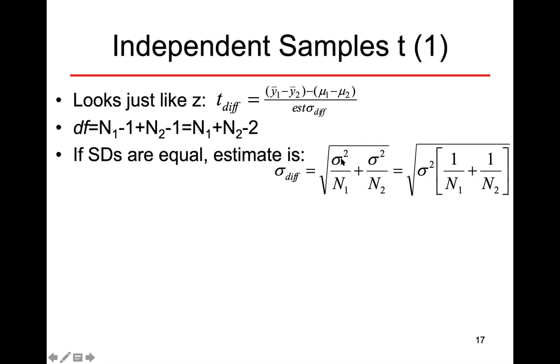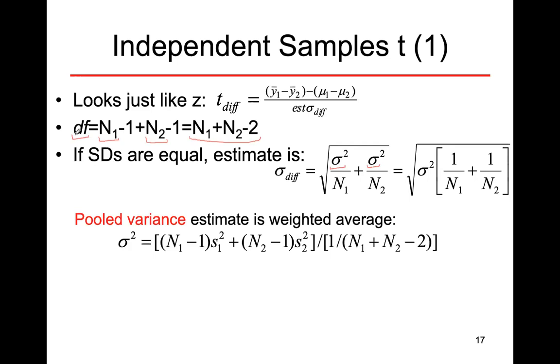We say that the standard deviations are equal for the two groups. We have N1 from the first group and N2 from the second group, and we find the degrees of freedom like that. Then using these degrees of freedom, we will find the t values. So this is pooled variance.